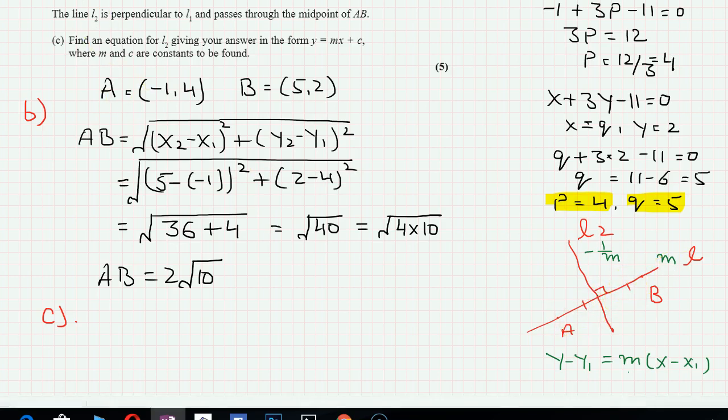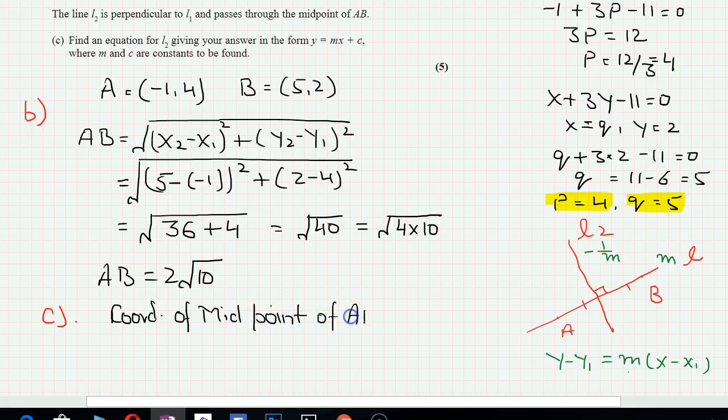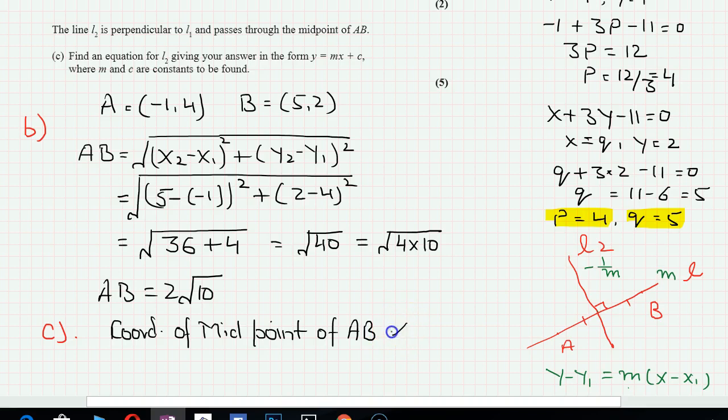So let's find the coordinate of the midpoint of AB. And we know the formula: the coordinate of the midpoint will be x1 plus x2 over 2 and y1 plus y2 over 2.